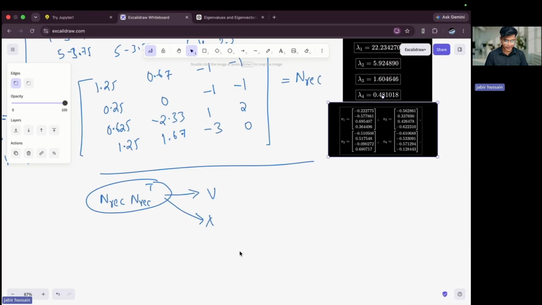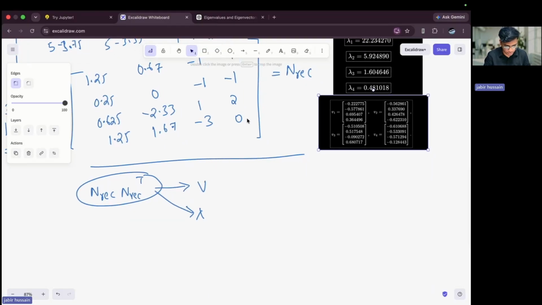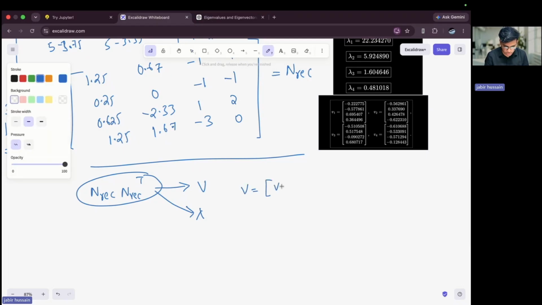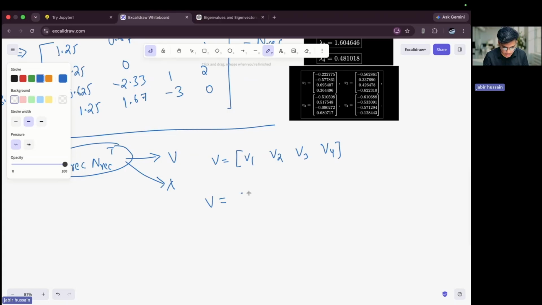Okay, let's move on. So we got our vectors as V equals v1, v2, v3, and v4. Just put the values here. We'll get our matrix as minus 0.27, minus 0.57, 0.69, 0.36, and this will be minus 0.5, 0.33, 0.42, and minus 0.62.